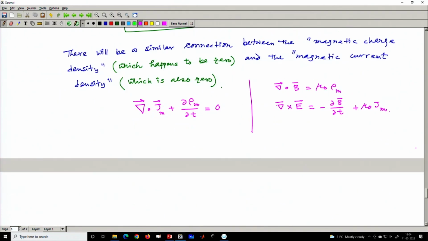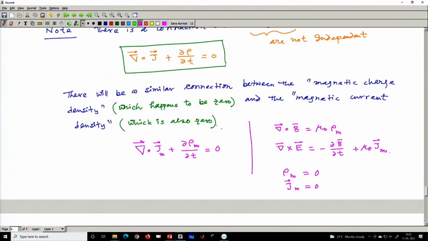But these two, rho m and J m, both are not present in reality, but still we have an equation 0 equal to 0.